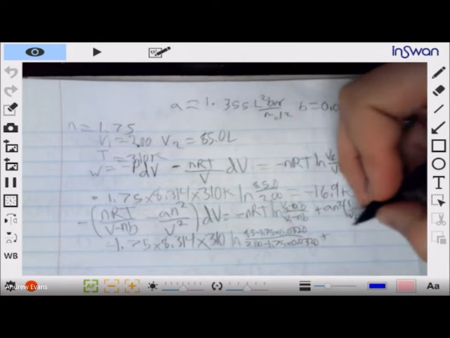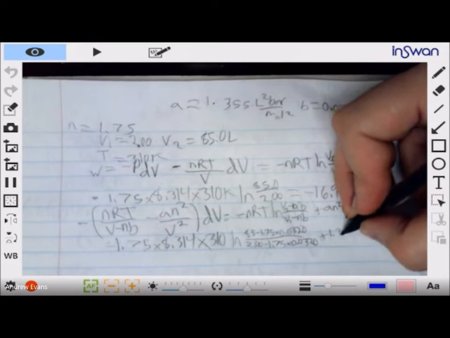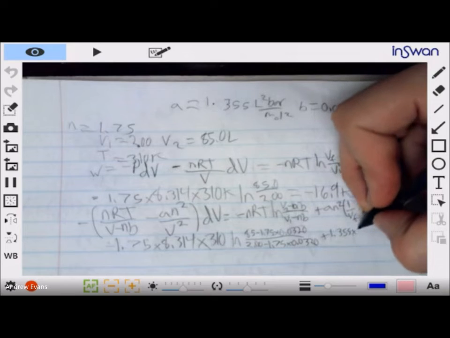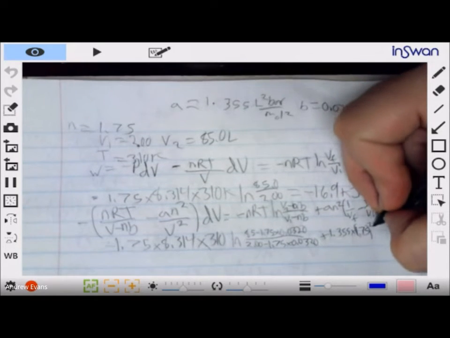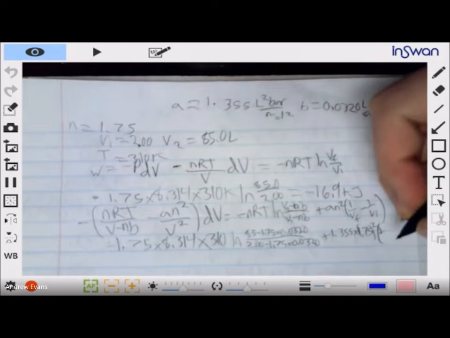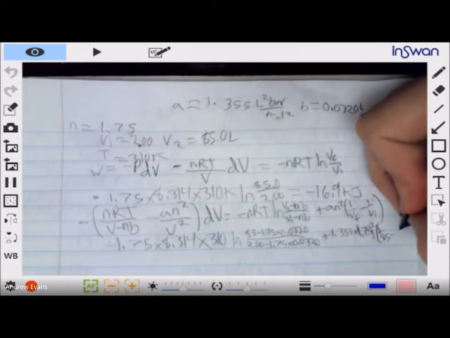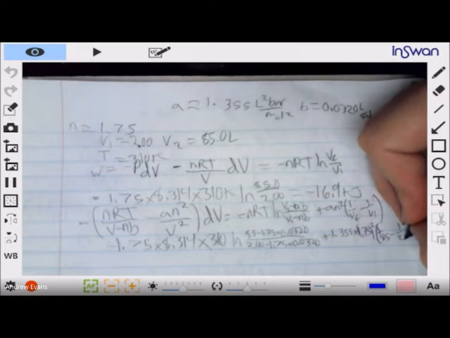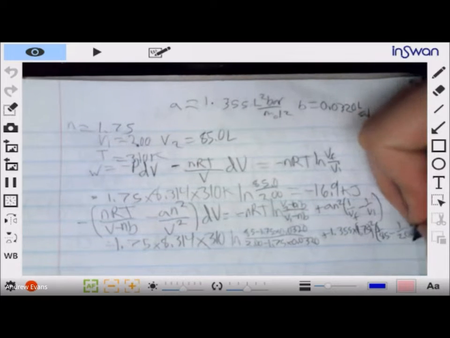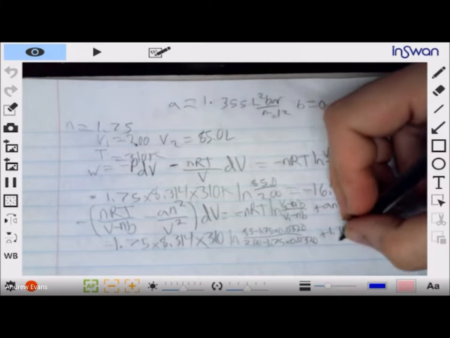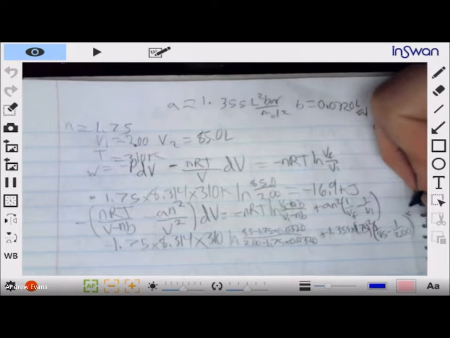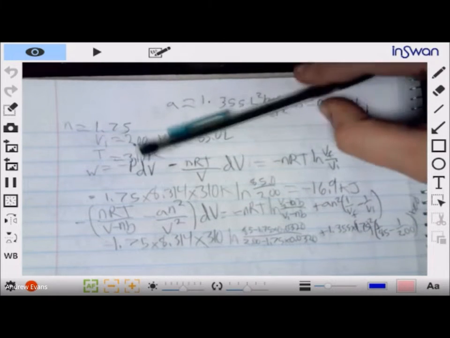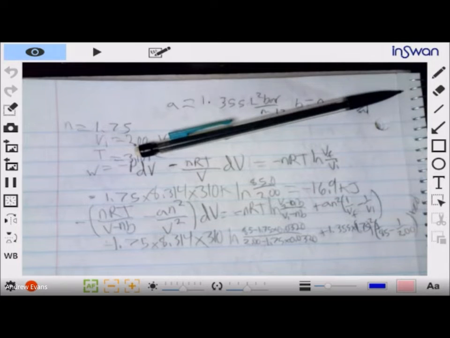Then plus a, which is 1.355 times n squared, so 1.75 squared, times 1 over 85 minus 1 over 2.0. However, this will also need to be turned into joules, so that would have to be times 100 to get it from bar liters into joules.